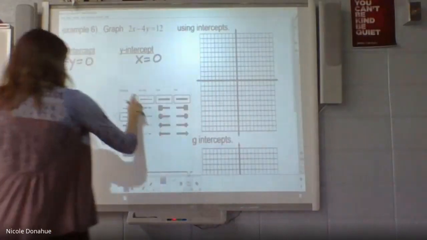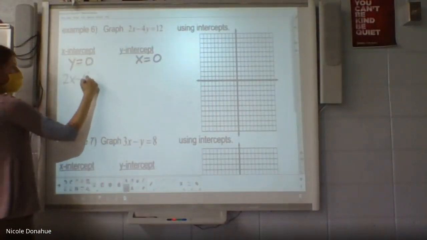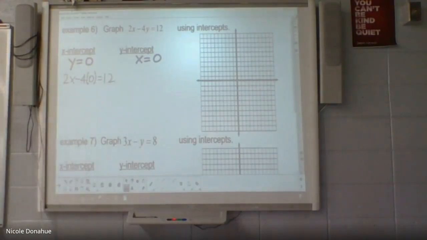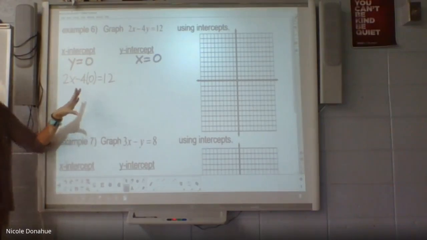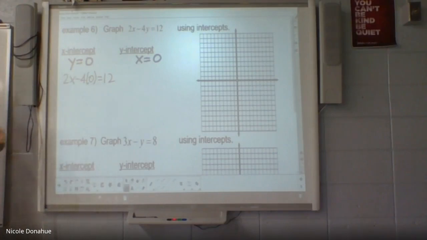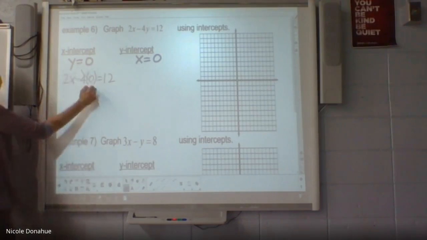So for y equals 0, I'm putting 0 in for y. Now, whether you want to admit it or not, Abby knew what she was talking about here. On her warm-up question, she said that that part disappears. Because anything times 0 is just 0, this really just goes away.